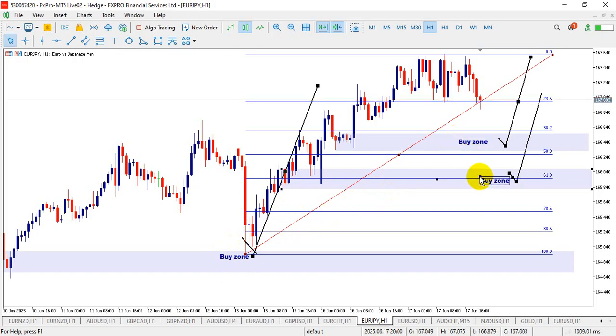So that is for Euro JPY. Most likely, if the first one did not play, then expect price to bounce from the second one. Very strong zone. But watch out for price in any of these zones for continuation of the buy.